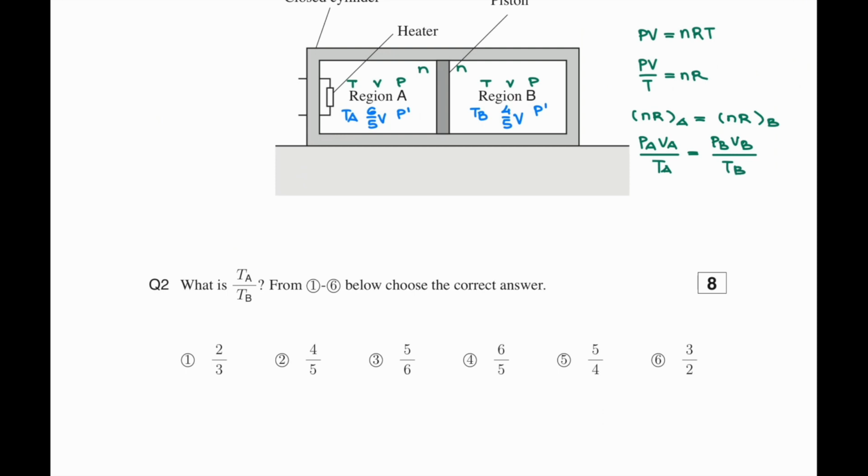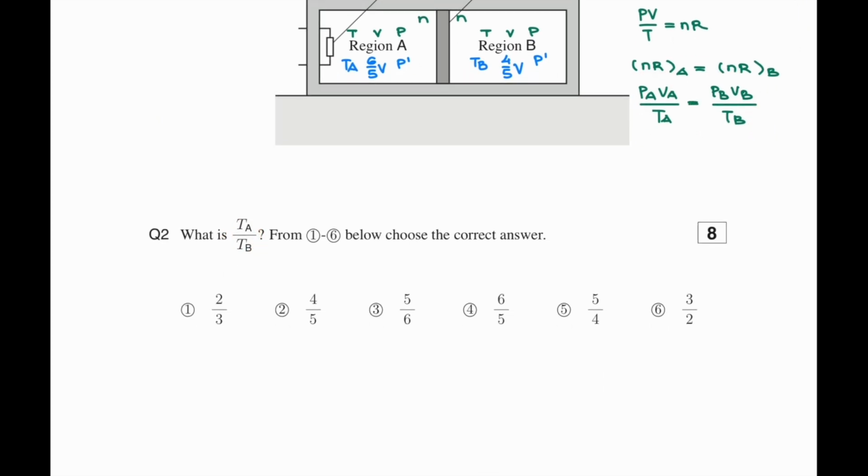Just substitute all these quantities, then I think we will obtain TA over TB. PA is P prime, and then VA is 6 over 5 V over TA equals P prime, VB is 4 over 5 V over TB.